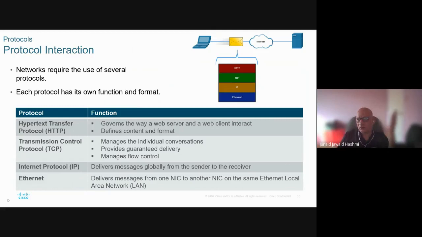So, for example, when you're accessing a website on the internet, you use HTTP, that's for sure, the hypertext protocol. You also use TCP, which is for transporting your message.